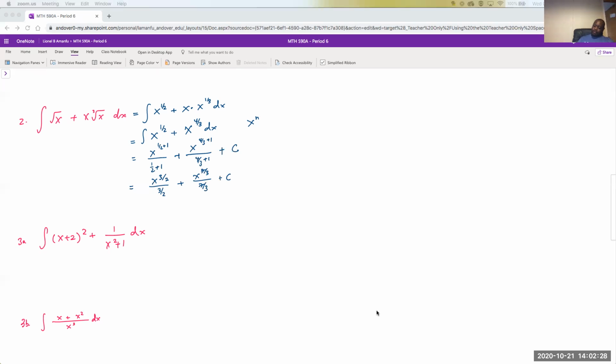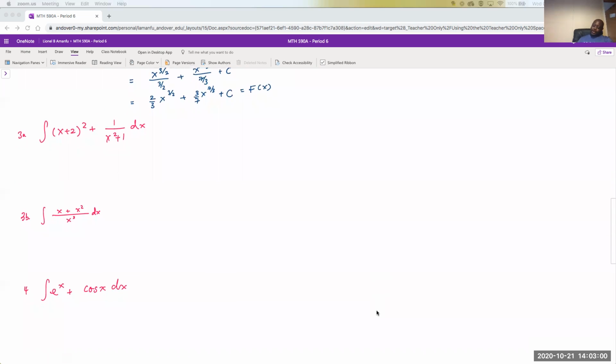And then if I clean up the fractions, I get 2 over 3 x to the 3 halves plus 3 over 7 x to the 7/3 plus c. And this is what we're calling big F of x.